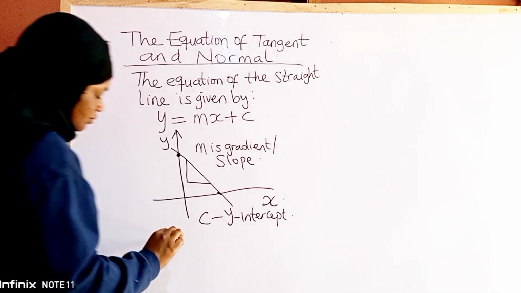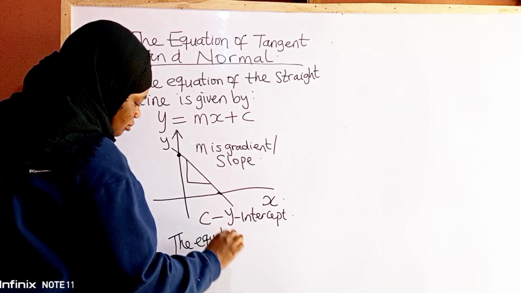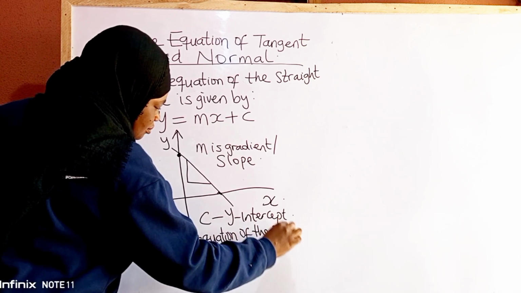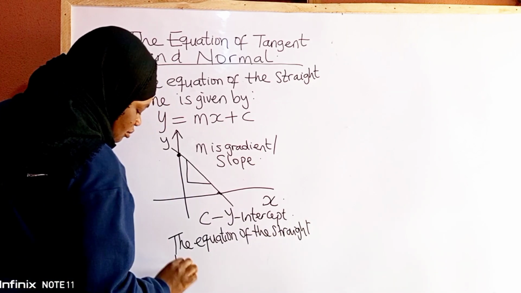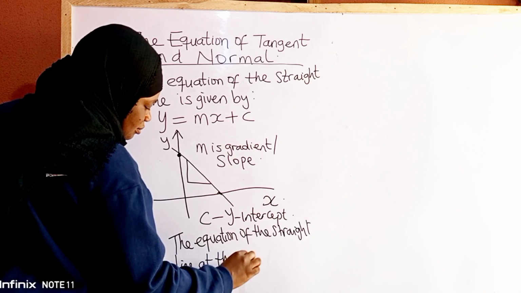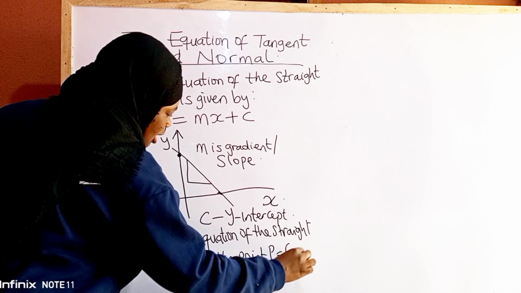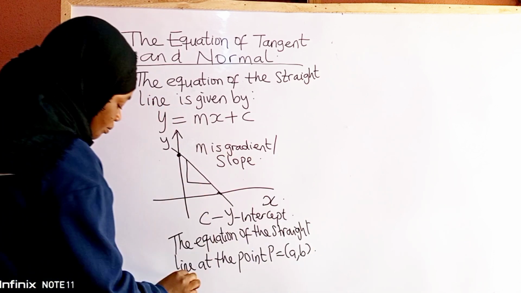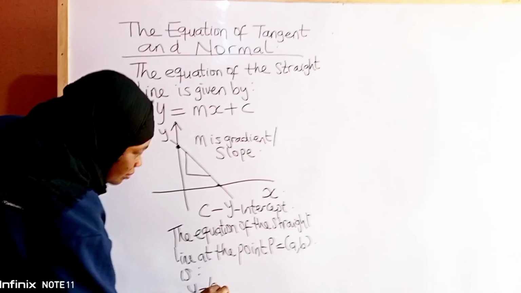So the equation of the straight line at the point P = (a, b) will be y minus b.